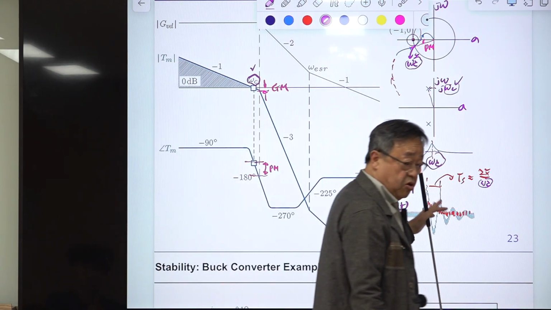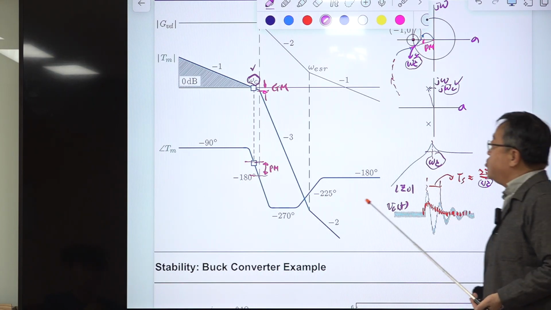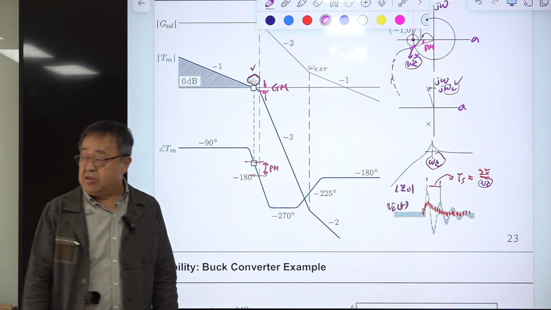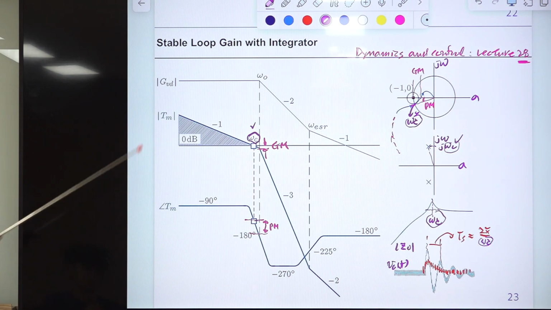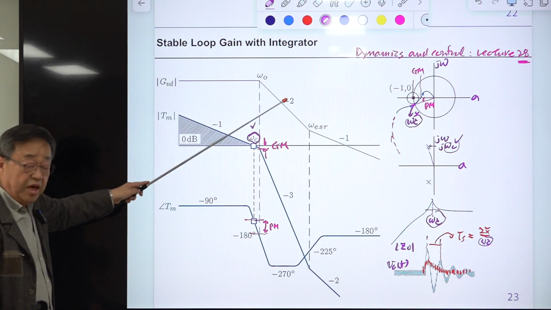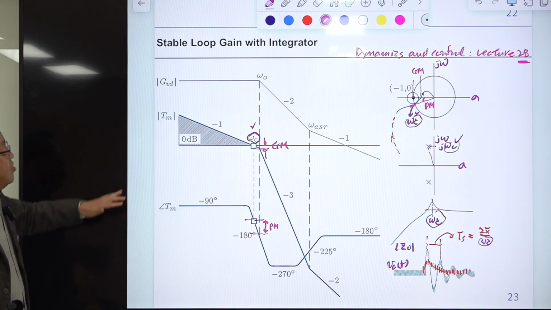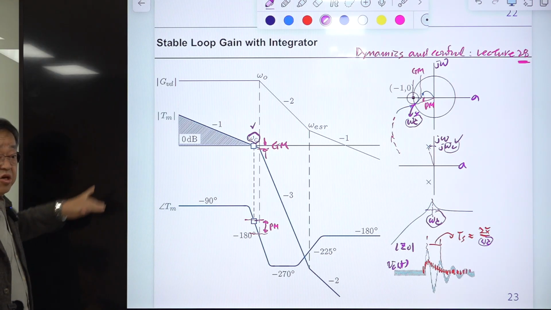Okay, so even though this might be stable, this is garbage. Okay, this voltage design. This is a problem, right? So what was the origin of the problem? That is the phase delay incurred at the double pole frequency of the power stage. Okay, it is there, so you cannot eliminate this. This comes from the power stage. Then you need to modify the structure of your voltage feedback compensation.